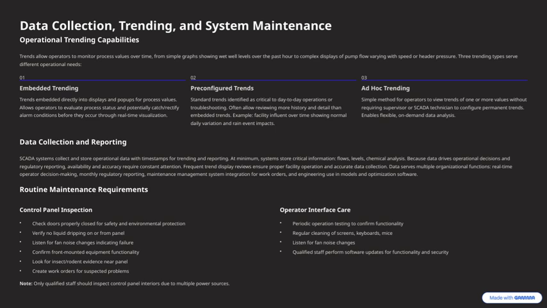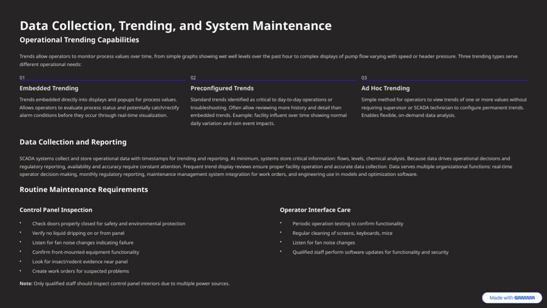Now, regarding trending methods, there are three main types. First, ad hoc trending, which allows operators to quickly view trends of specific data points on demand, providing flexibility without needing a technician. Next, pre-configured trends are embedded directly into displays, enabling real-time visualization of critical process values, helping operators catch issues before they escalate.